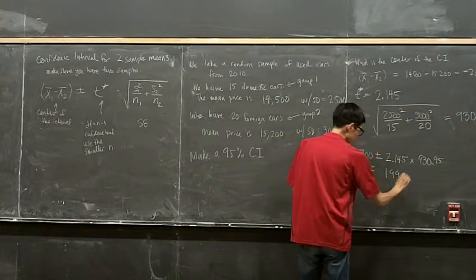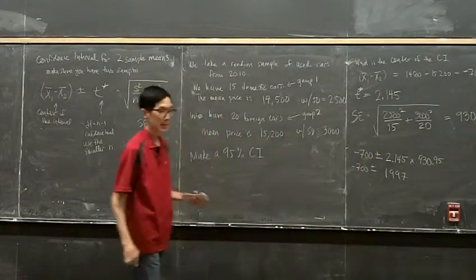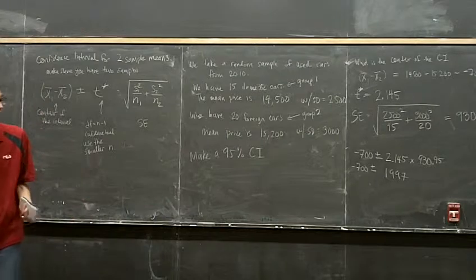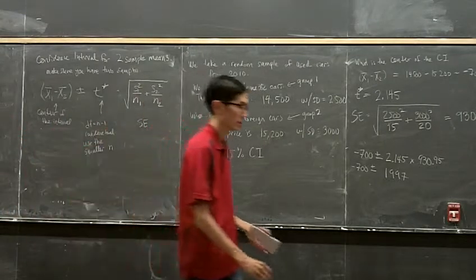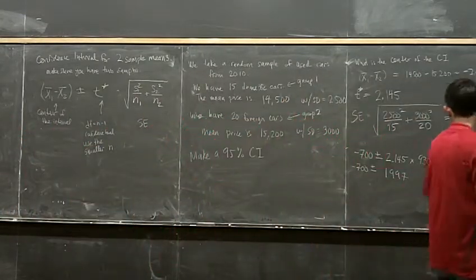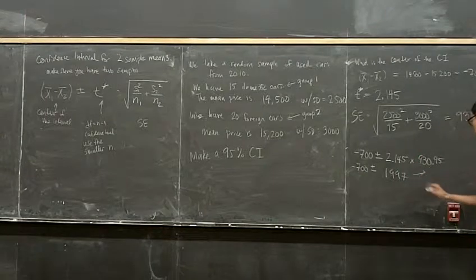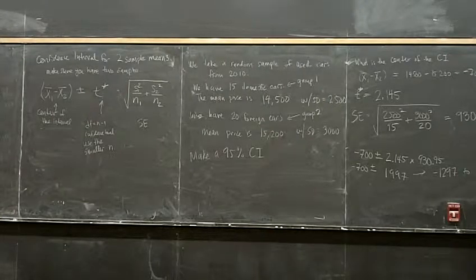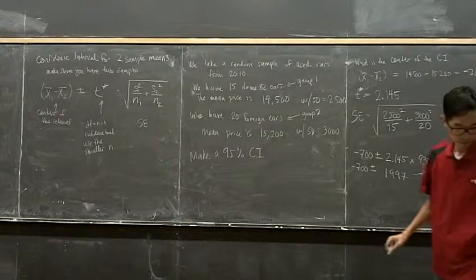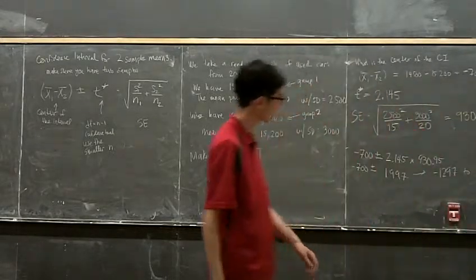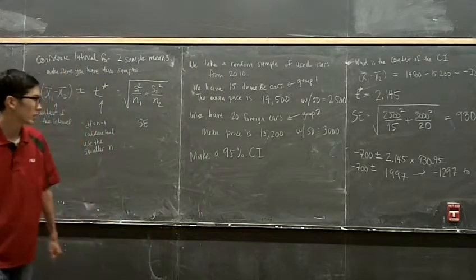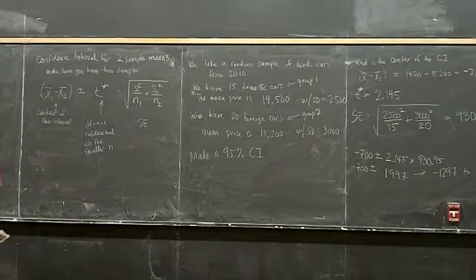I'm just gonna round that. So I get negative 1297 to positive 2697. Alright, so that's my confidence interval.